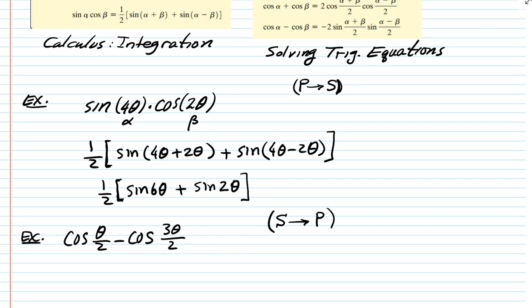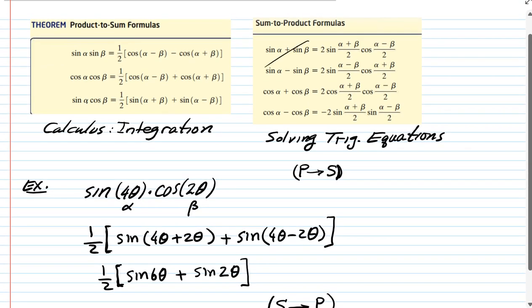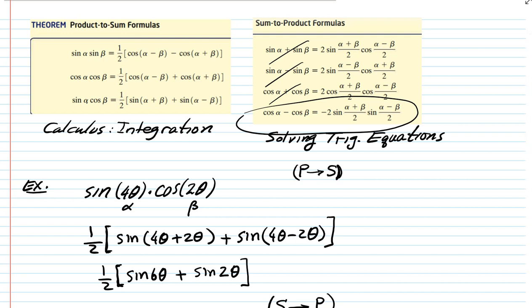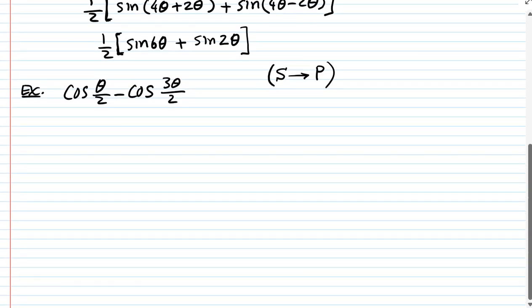I guess you can view subtraction as addition of opposites, so that justifies it. Cosine minus cosine, so the others are out, and we go with the last one. It's going to be -2 sine of the sum divided by 2 times sine of the difference divided by 2. And that's all I'm going to do, just plug into the formula.